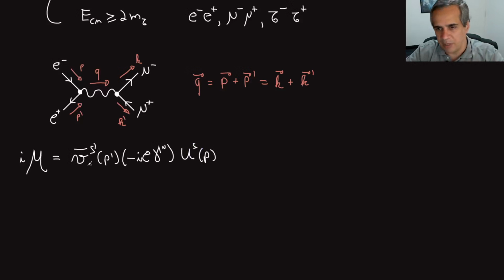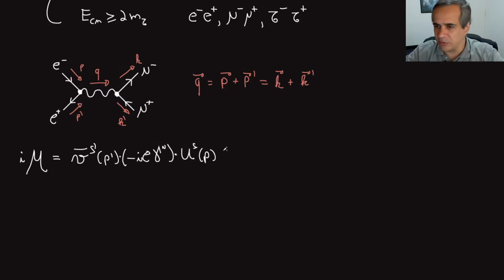Remember, I'm suppressing it here. I'll bring it back when I need it, but there are spinor indexes which are contracted here. So this is a matrix product between these three guys. This guy is a vector line, a column, and there's a matrix in the middle here.